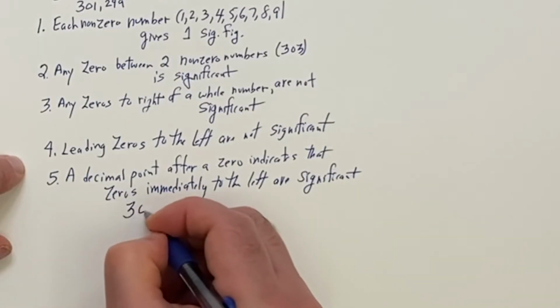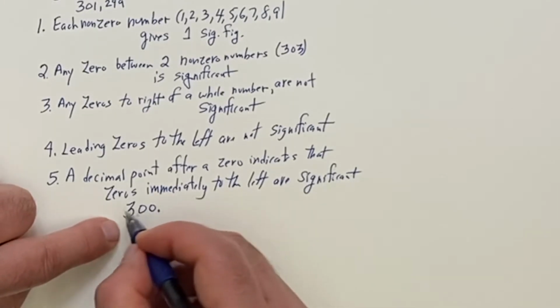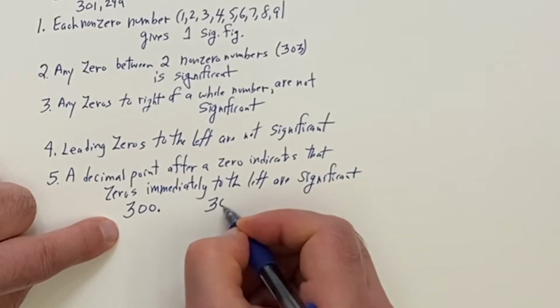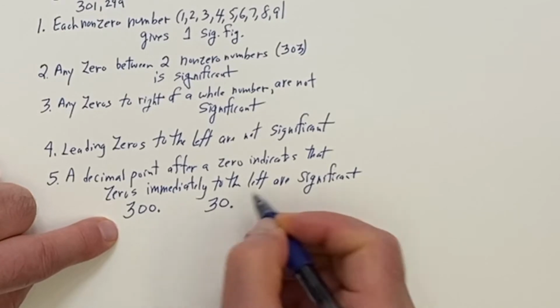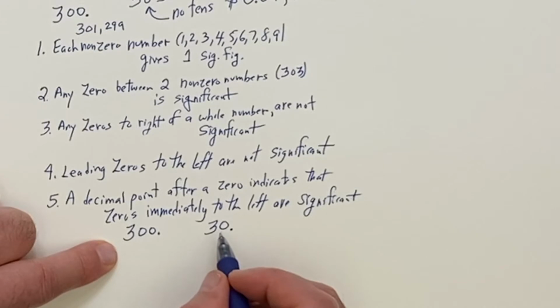If I do 300 with the point, those two zeros are significant, and I have three significant figures. If I have 30 and put the point there, I have made this single zero a significant figure.